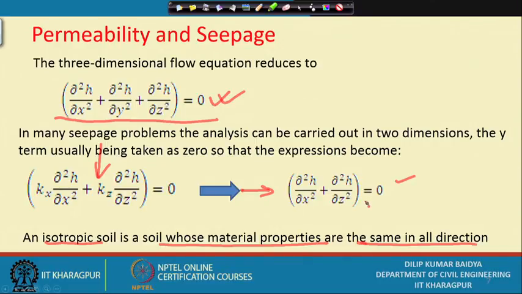Now, either solving this equation or this equation, or making it further simplified, ∂²h/∂x² equal to 0, which is one-dimensional. This type of equation can be solved mathematically by applying various boundary conditions. If I integrate it twice, we get two constants, and those two constants can be obtained by applying boundary conditions.